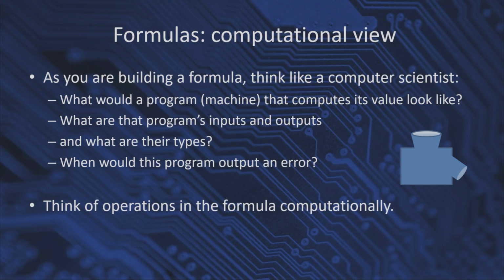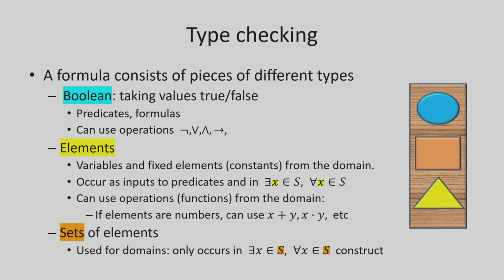And one of the very important notions here that you probably have encountered if you've done any kind of computer science class is type checking. So what's type checking? When you were a child, you might have had that game when you had different holes of different shapes and pieces of different shapes, and you were supposed to put a round piece into a round hole and a square piece into a square hole.